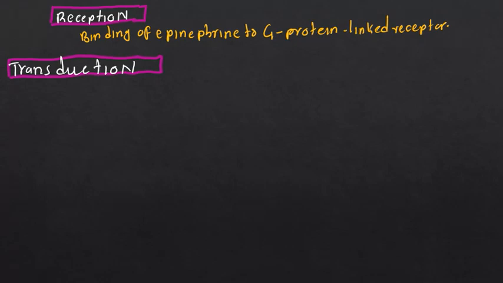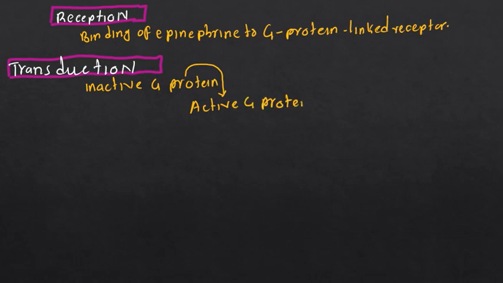In the transduction stage, the inactive G protein is converted to active G protein.